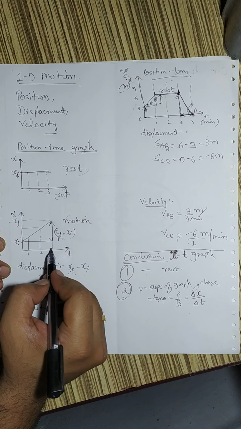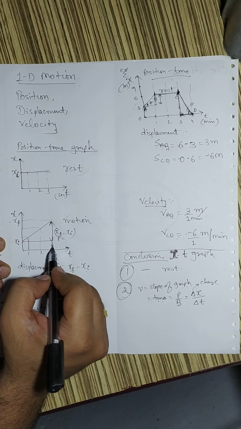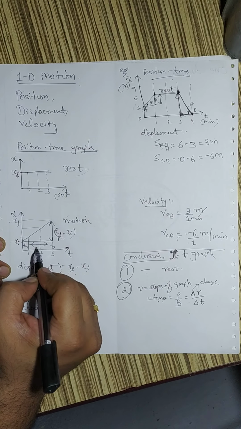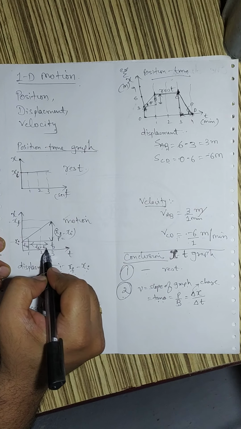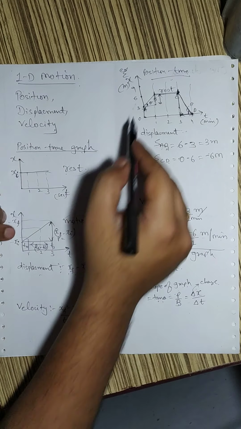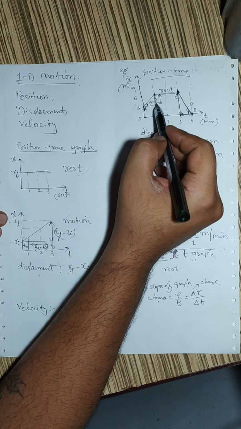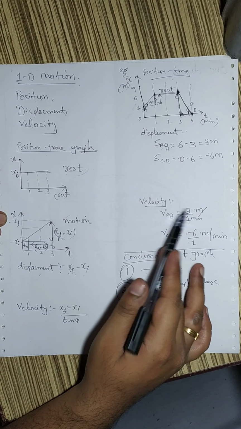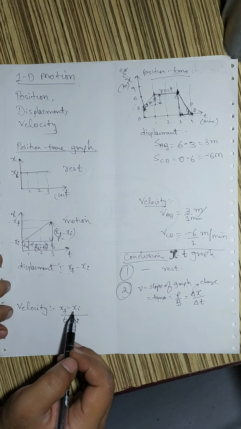And the base part will give you, let's say this is time t3 and this is time t0, so this part gives you final minus initial time. So perpendicular upon base: the perpendicular is the displacement, that is 3, and the base is 1. So 3 upon 1. Here we got the velocity, and that is the conclusion.